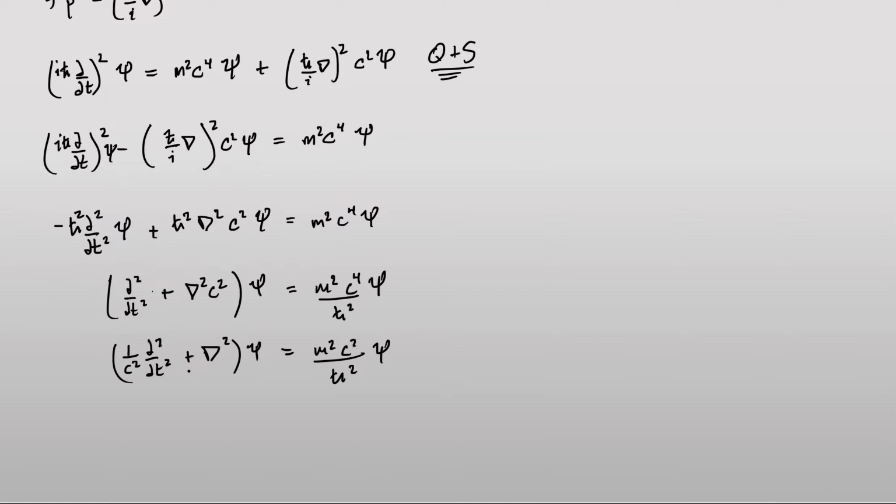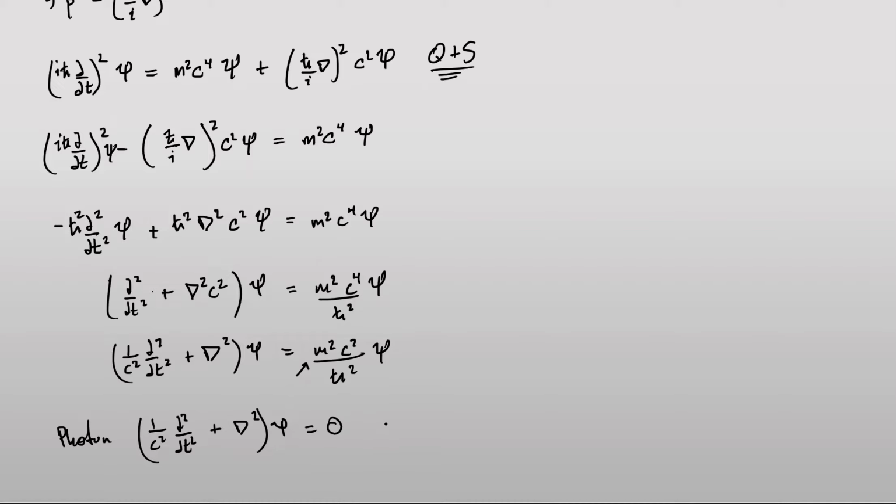Now, there's a couple things to note about the Klein Gordon equation, right? So this m right here, photons don't have mass. So in the case of a photon, this becomes just a wave equation, because this is going to be 0. So in the case for a photon, this literally just becomes 1 over c squared d over dt squared, plus, psi equals 0, right?